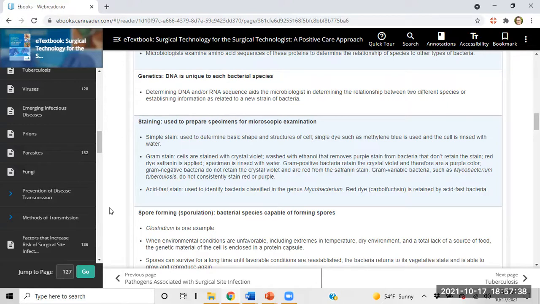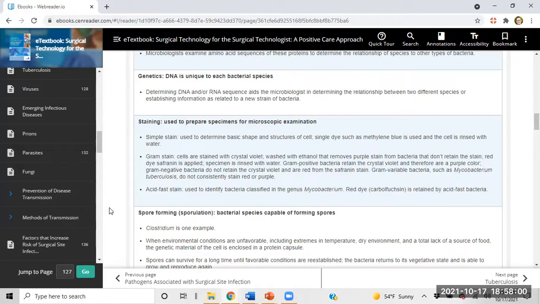The Mycobacterium tuberculosis is what we call a gram variable, and that means it doesn't stain red or purple. And then an acid-fast stain, these are used to identify mycobacteriums. As we just talked about, those are not going to stain red or purple.